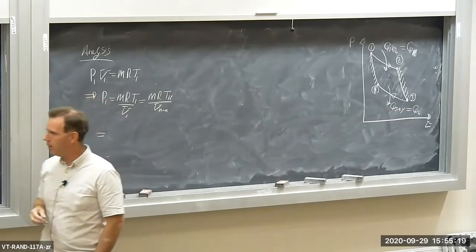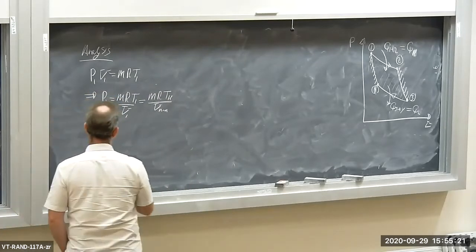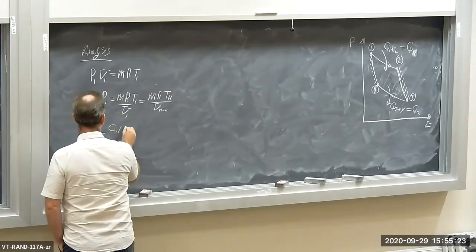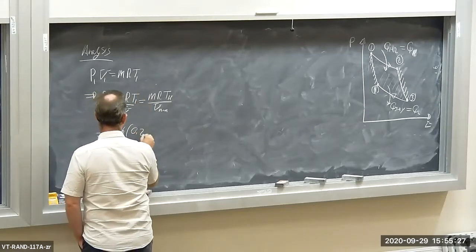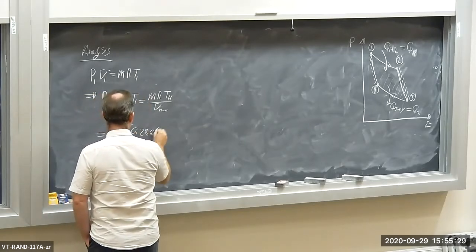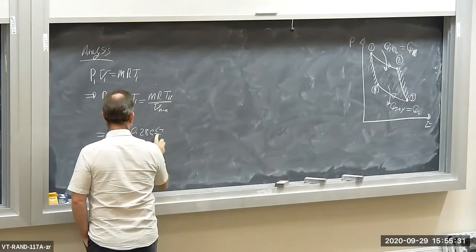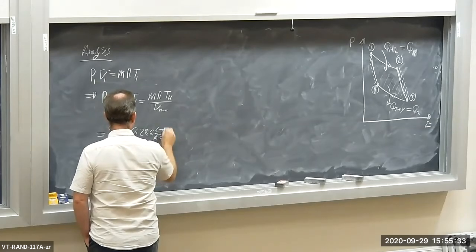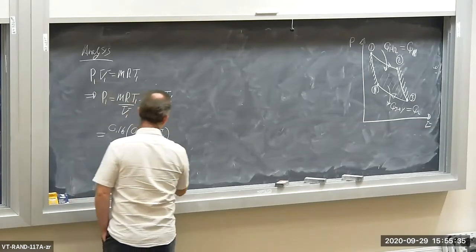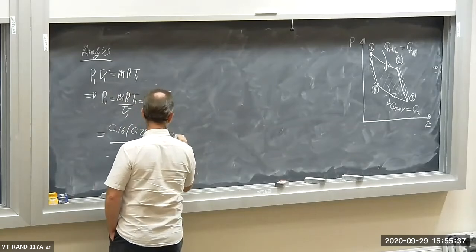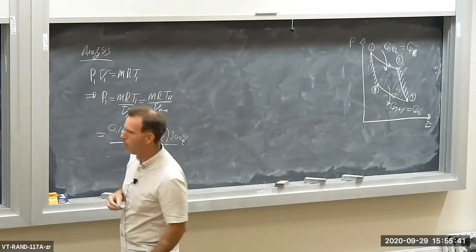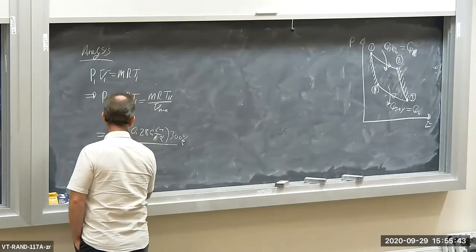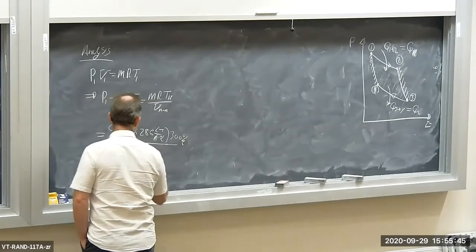Well, I know the mass, 0.1 kilograms. The gas constant for air is what? 0.286 kilojoule per kilogram Kelvin. T high is 300 degrees Kelvin, and the minimum volume is 0.01 cubic meters.